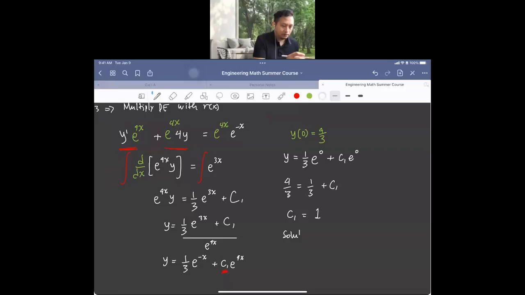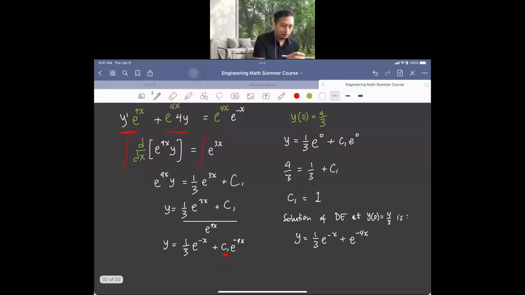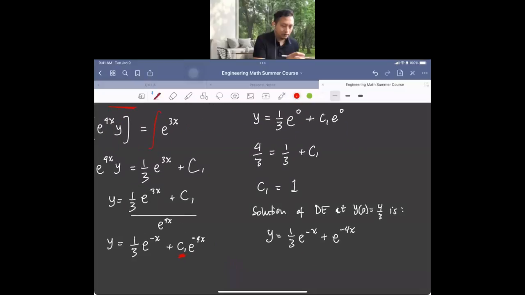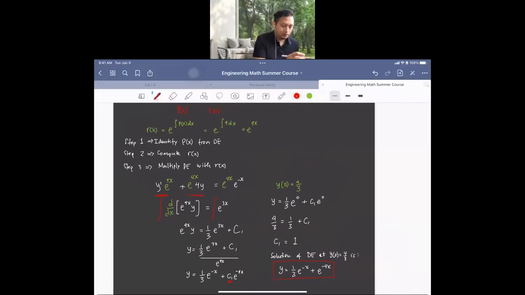So the solution of the DE is, oh, this is negative, sorry. Okay, and then this is the solution.